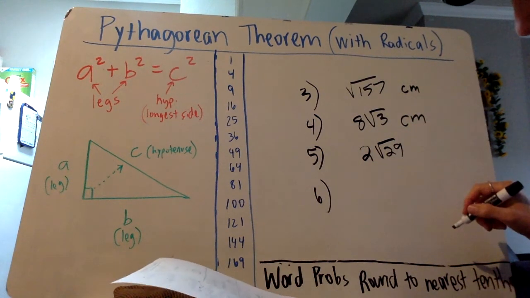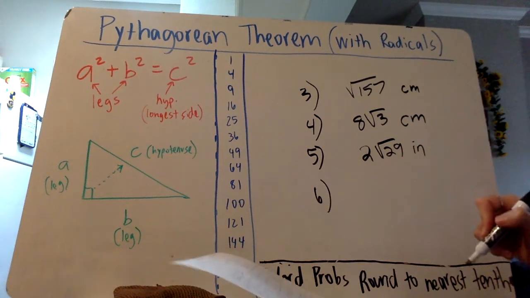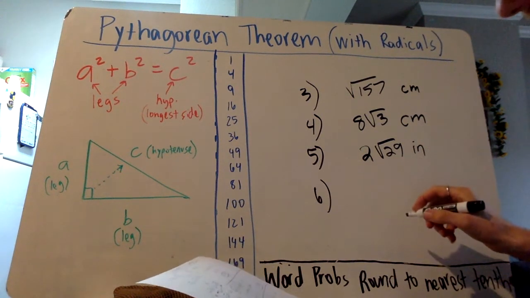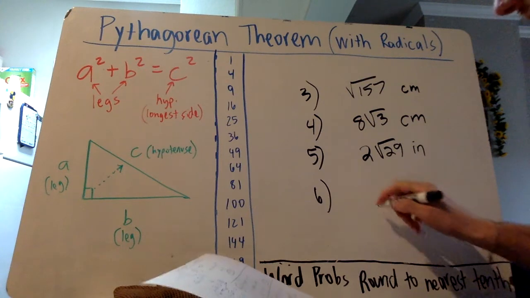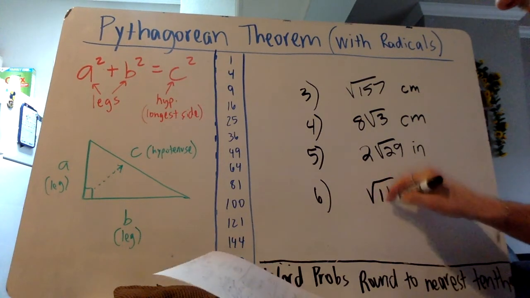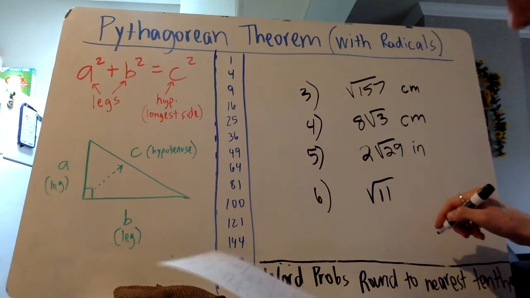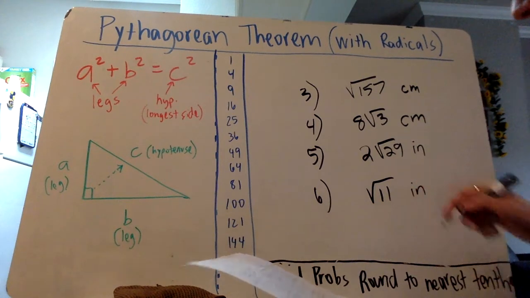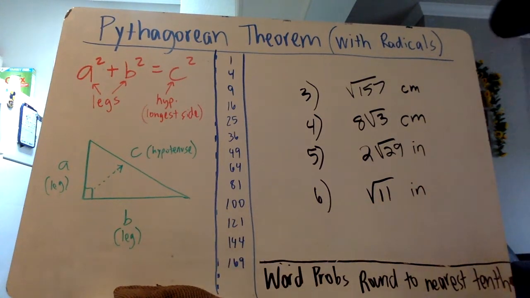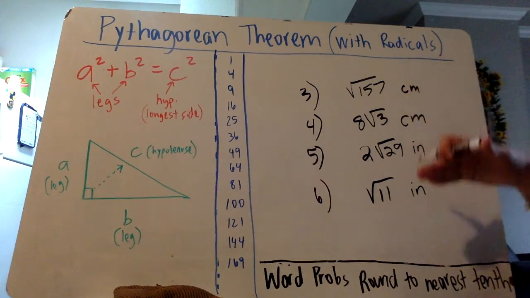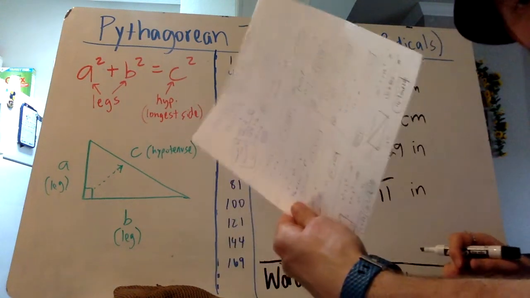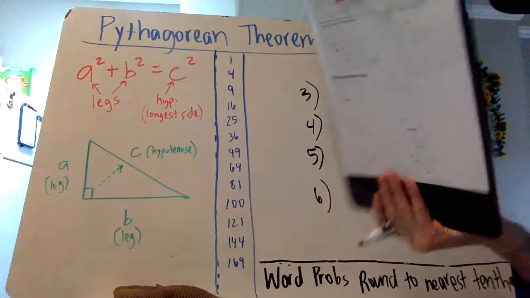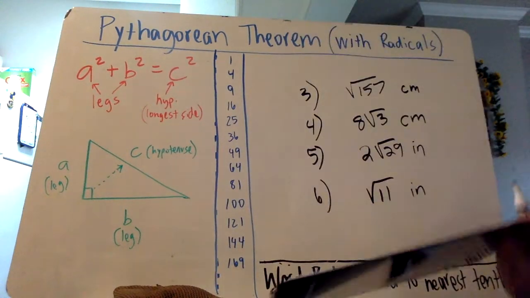What is that? Inches. Then number 6, you should end up getting square root of 11, and that is inches. So that's what you should end up getting. Final answers 3, 4, 5, and 6 on the front page of this document right there.